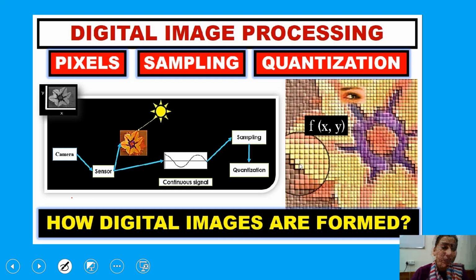This is the process of how the digital image is formed. First we have the camera, then the sensor, then the object, and sunlight falls on the object. This is converted into a continuous analog signal. Then by the use of sampling and quantization, we get this type of digital signal, which is to be processed further.